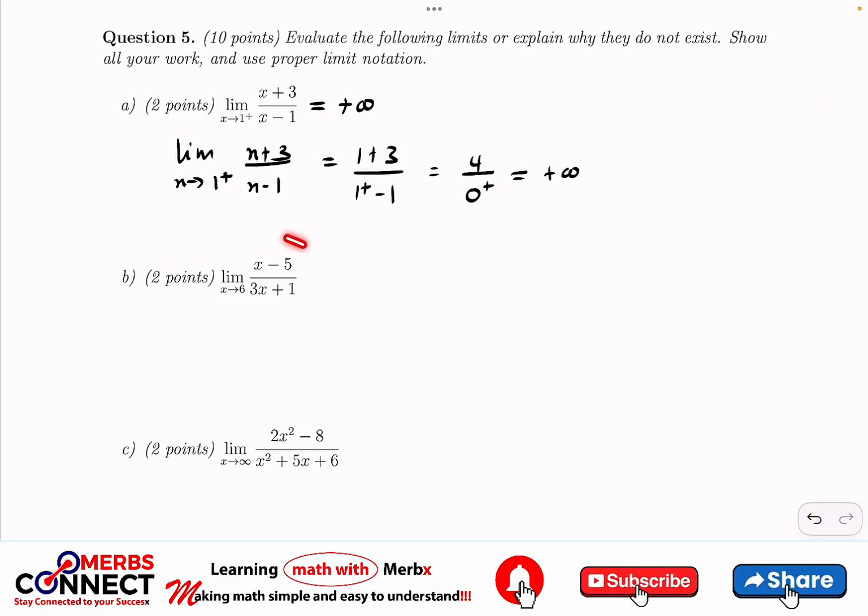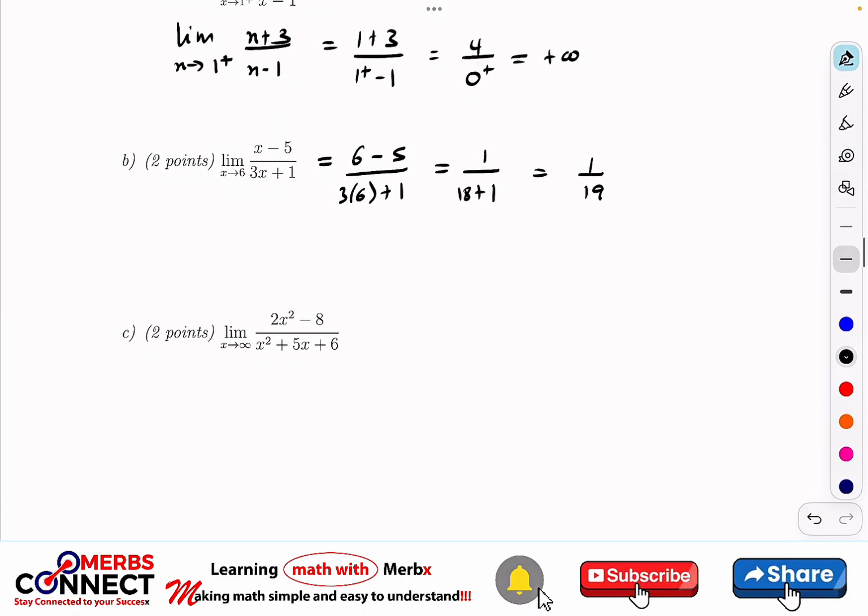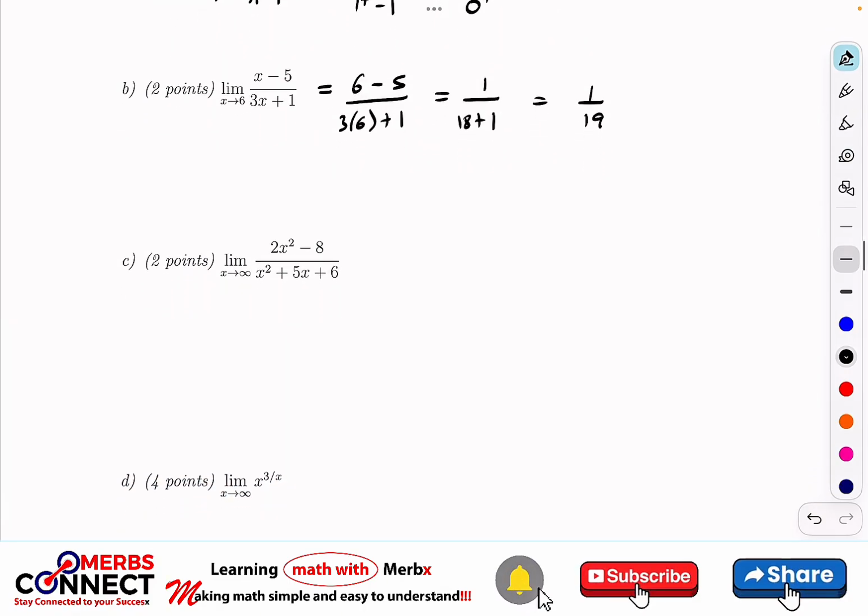Now let's work with this one too. As I said, always direct substitution first. So let's do that. 6 minus 5 divided by 3 times 6 plus 1 is equal to 1 divided by 18 plus 1, and this is 1 divided by 19. So direct substitution first is always the key. Good.